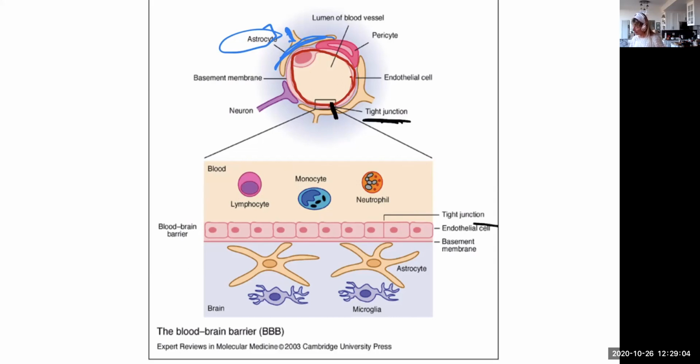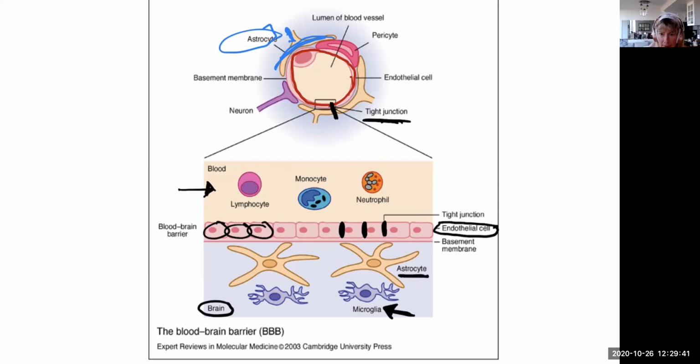This is the inside, the brain. Microglia, those are our immune cells in the brain. Astrocytes maintain those tight junctions, and it keeps our white blood cells and pathogens out of the brain tissue. So I'd like to stop there, if you don't mind.